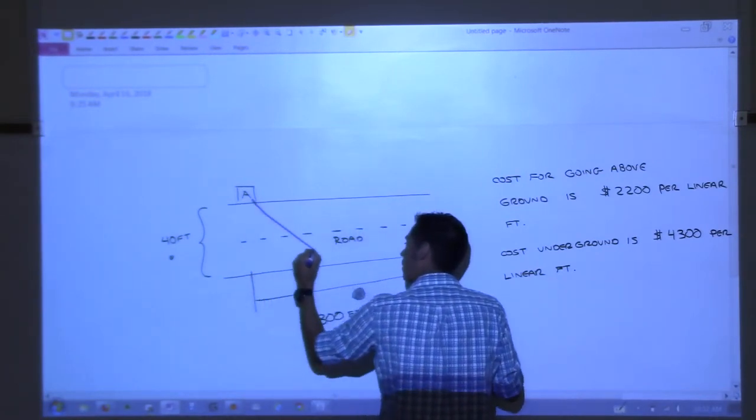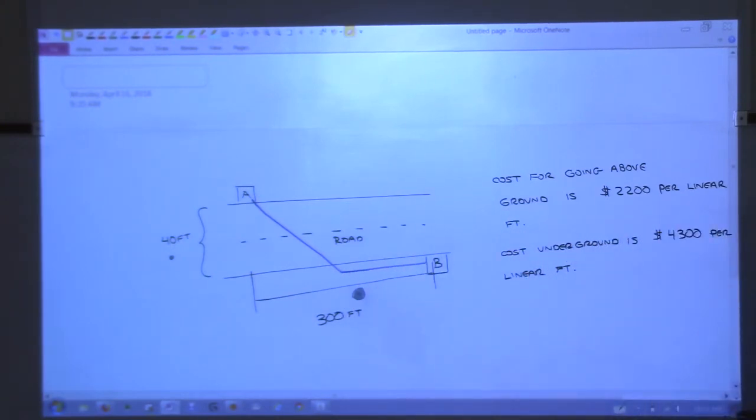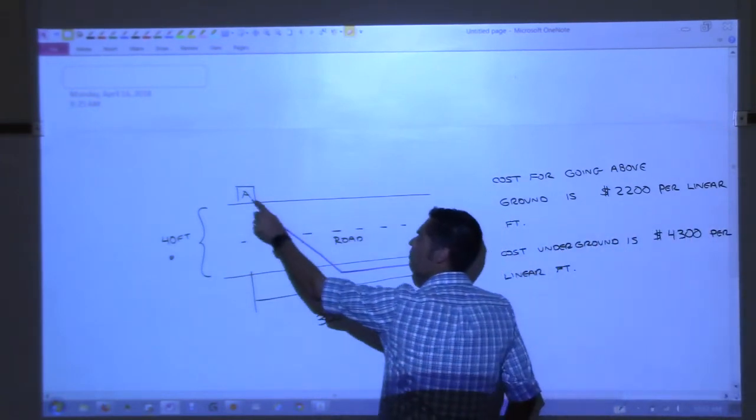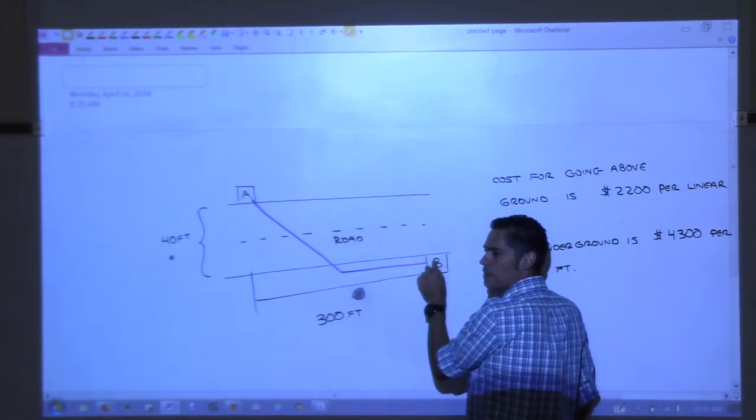And then let's say maybe there's a driveway. How about I do that? Overhead utilities. You have to go somewhere. How about that right there? There you go. That would be some in-the-middle situation, where you're doing some road, some underneath the road, and some along the side.